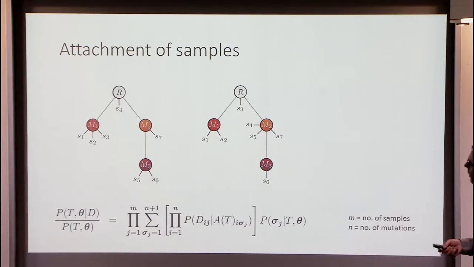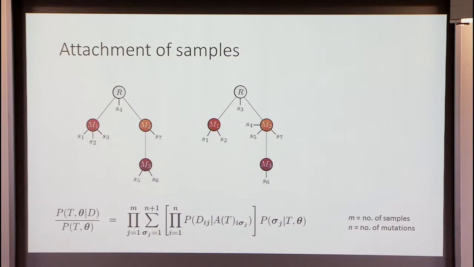So in a way, the whole focus now shifts from the samples to the mutations. So you can compute the likelihood efficiently, and then depending on what you do about the prior distribution here, you can also compute the posterior probability. And that gives you a way of pursuing a Bayesian approach to sample from the posterior probability.